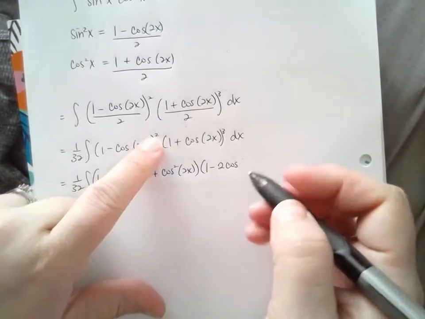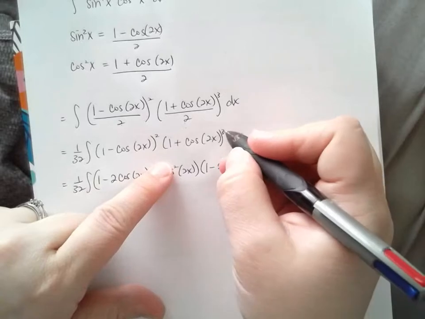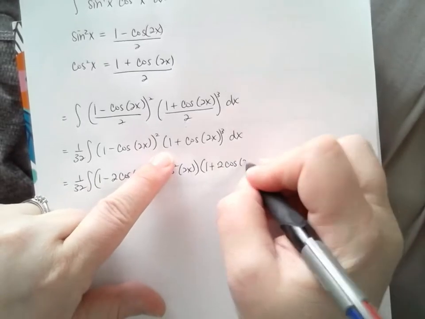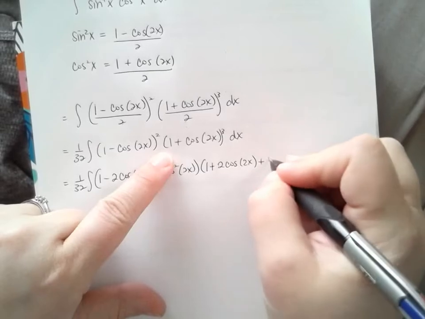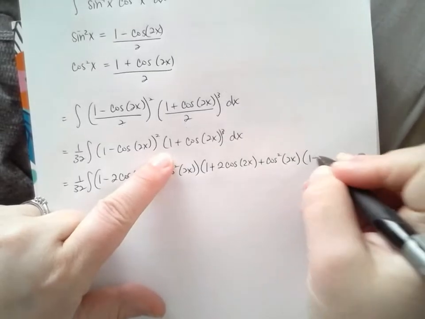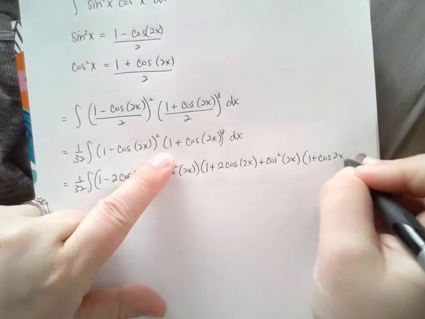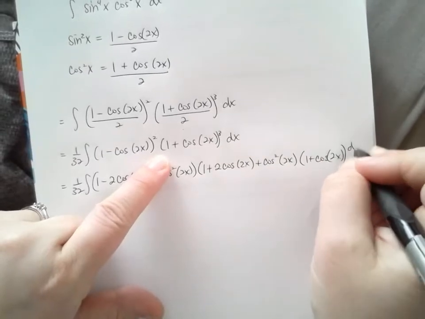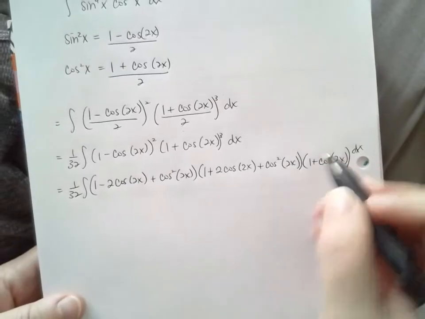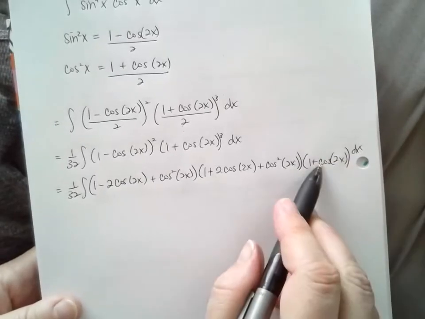Actually, now it's plus though, so I'm going to treat this as a 2 and a 1, and you'll see what I mean here in a minute. Okay, here I squared it and then I have 1 left over.